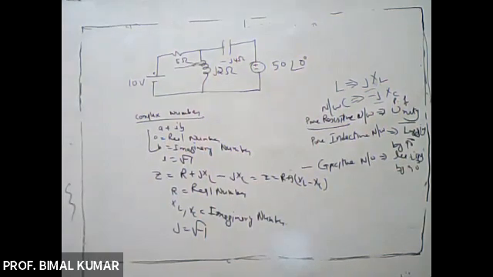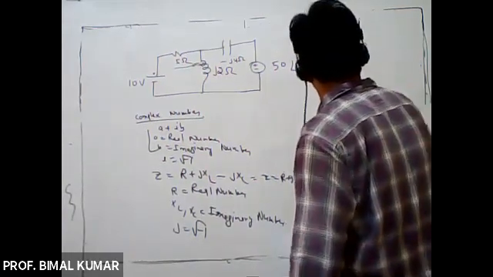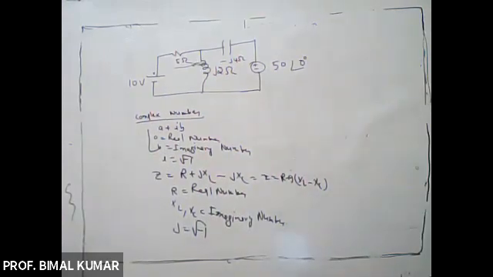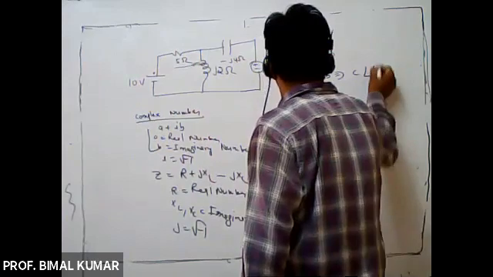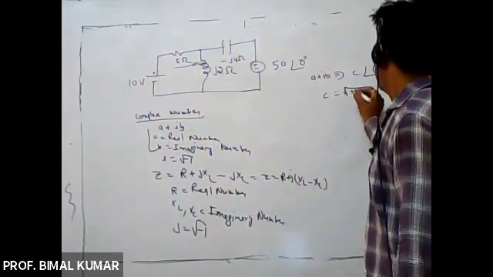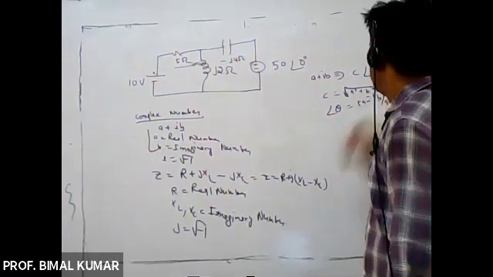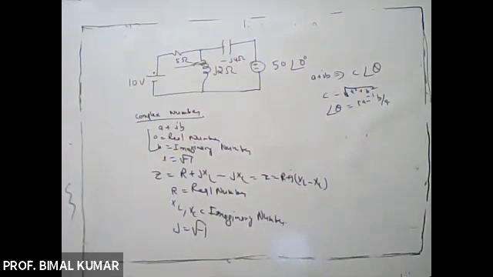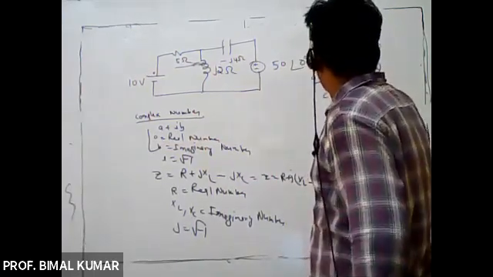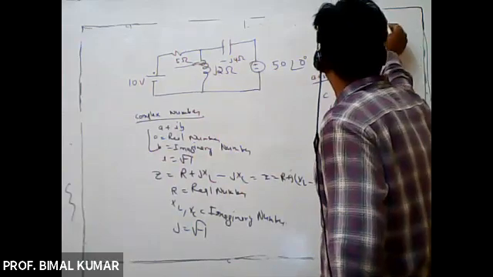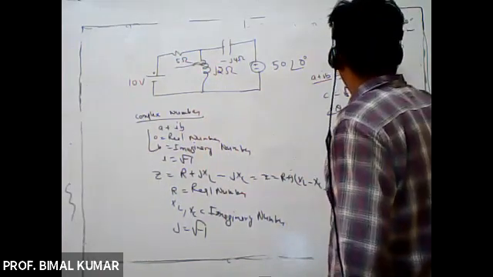Then after that, some conversions are also required. There are different forms of the complex number. This A plus iota B may be converted into the form C angle theta, where C is equal to under root of A square plus B square, and angle theta is equal to tan inverse of B by A. A plus iota B is the rectangular form in complex number, and C angle theta is the polar form.